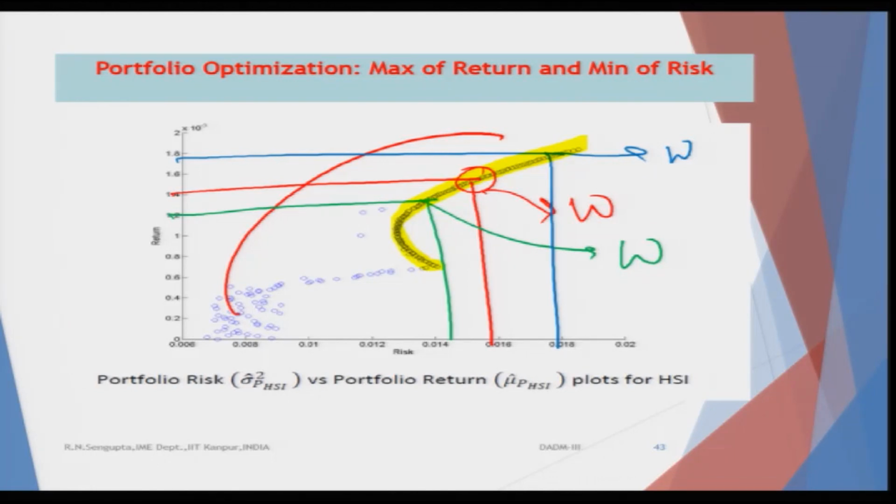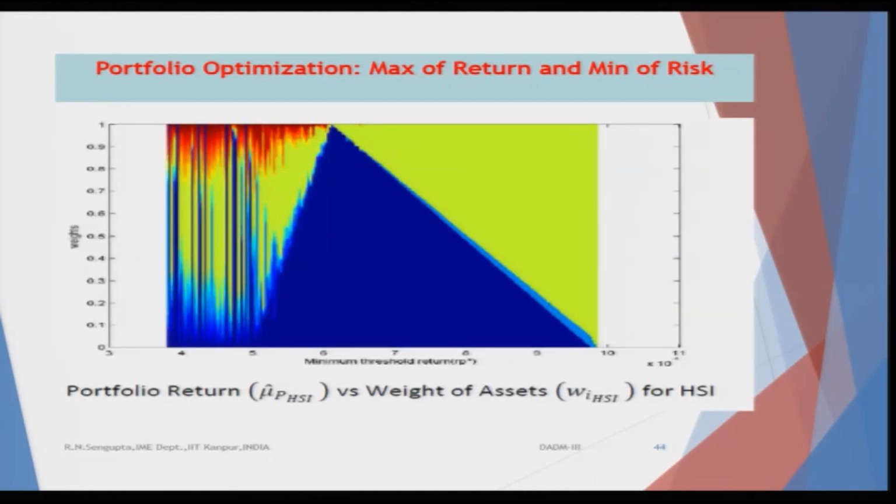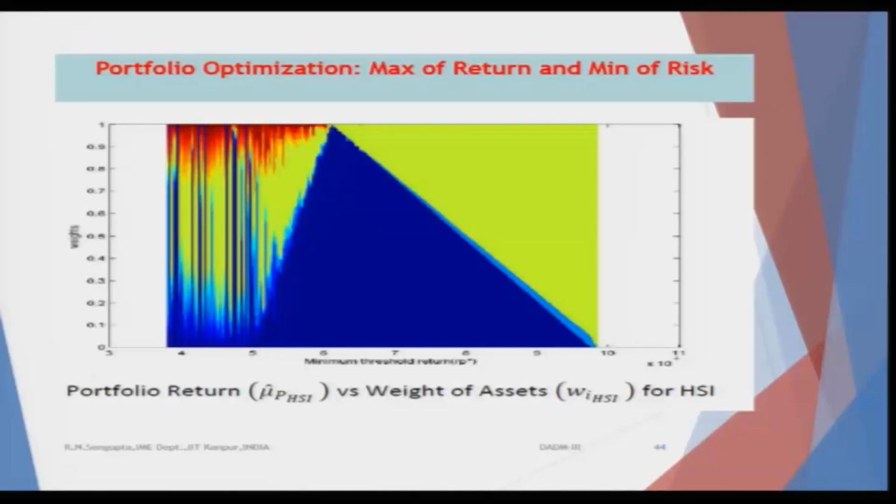So, if I want to know the weights, obviously I will plot the minimum threshold value which I have, RP star, and then the weights are plotted along the y axis. At any threshold value, say for example, 9 into 10 to the power minus 4, at this instant there are only one stock, the dark blue one, light blue one and the green one.